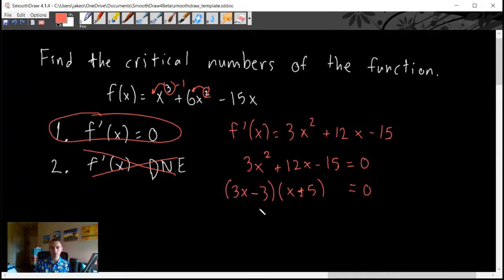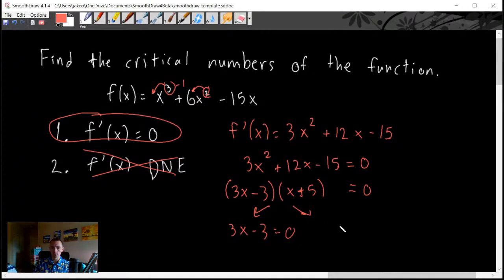So when you have two factors like this and you know the product of those two factors equals 0, you can split this into two separate equations, because anything times 0 is 0. If this piece equals 0, then the product of those two things will also equal 0. Similarly, if this piece alone equals 0, the product will equal 0, because we'd have some other number times 0.